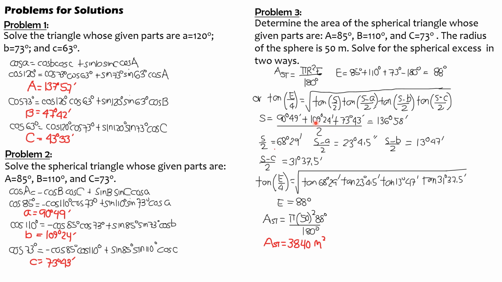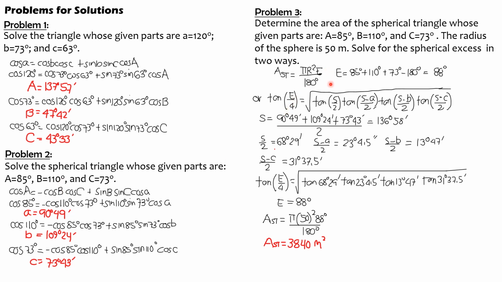I intentionally put this problem with these angles because we already solved the sides from problem 2, and we don't need to compute or determine these sides again because it will prolong the solution.